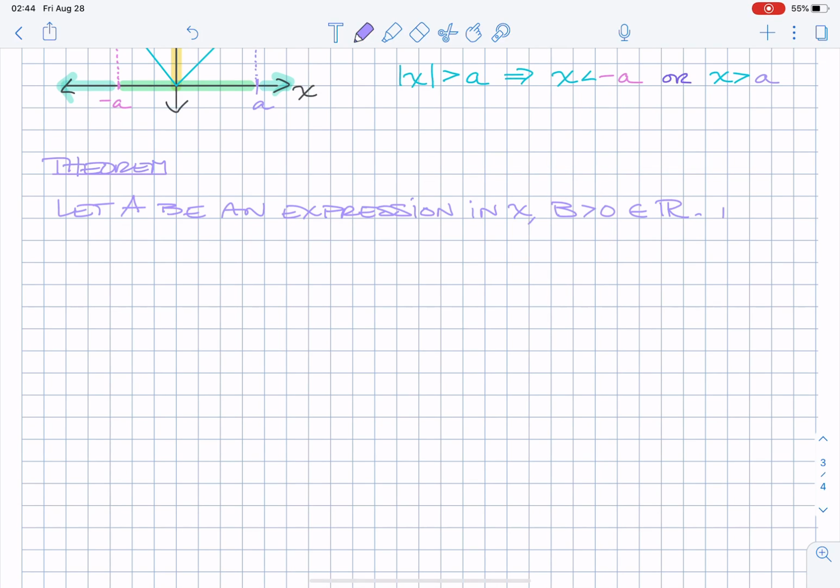Okay, so then what do we have? Number 1, if the absolute value of a is strictly less than b, this implies that negative b is less than a, which is less than b.